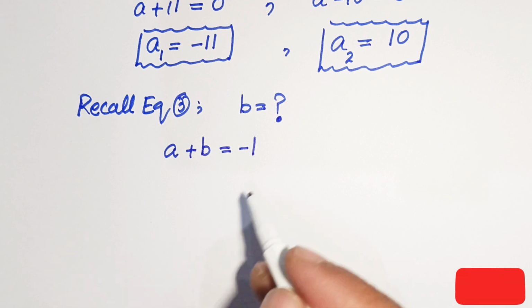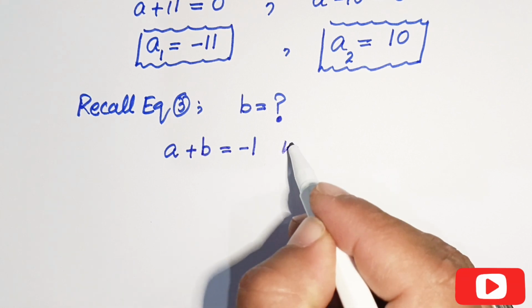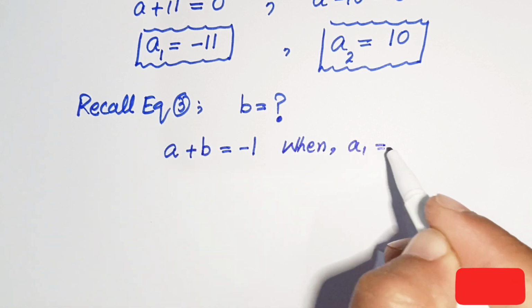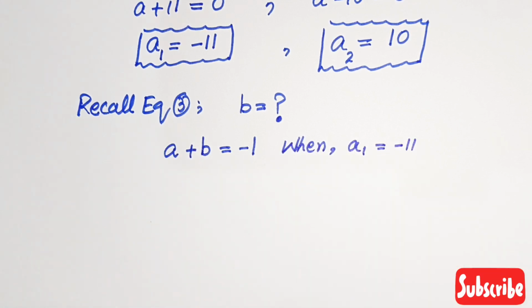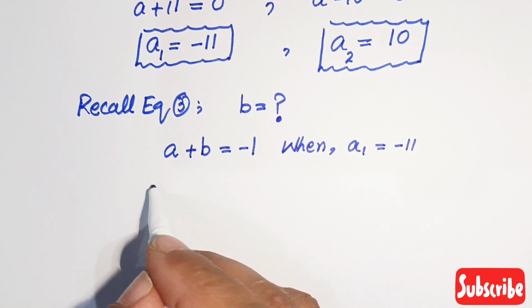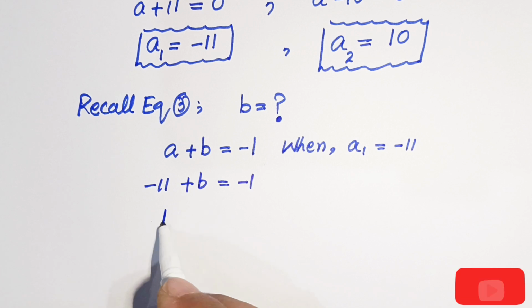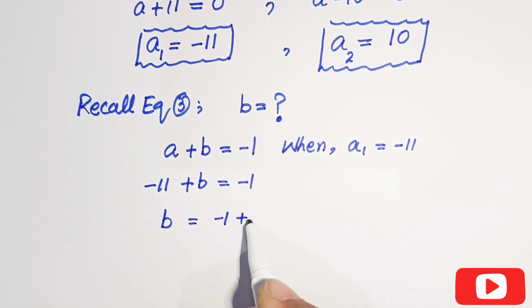When we put a1 equal to minus 11, we get minus 11 plus b is equal to minus 1, and b is equal to minus 1 plus 11, so b will be 10.